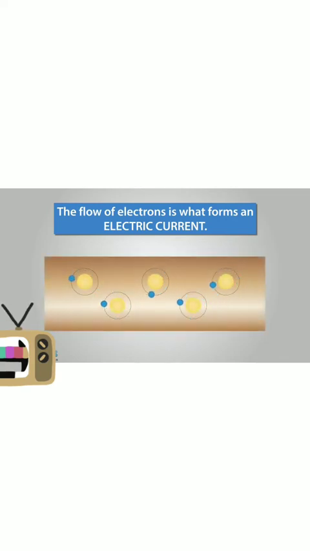Now here you can see the example. This is a picture of a wire, a copper wire. Copper is also a metal, right? In the copper wire, as it is a conductor, we have some free electrons. When we connect a battery to it, what happens? Earlier we were doing it by rubbing; now I have connected a battery.